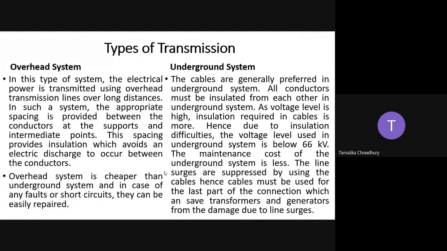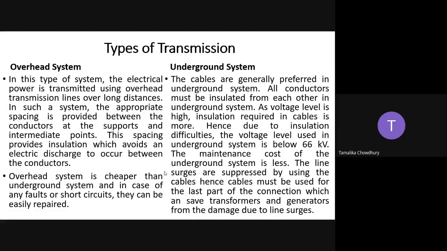In such a system, appropriate spacing is provided between the conductors at the supports and intermediate points, and this spacing provides the insulation which avoids electric discharge between the conductors. So this is the overhead transmission line system.